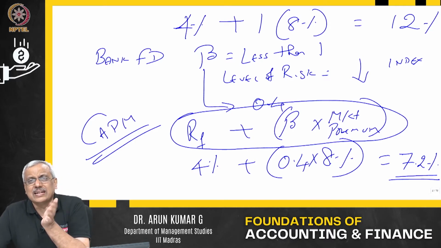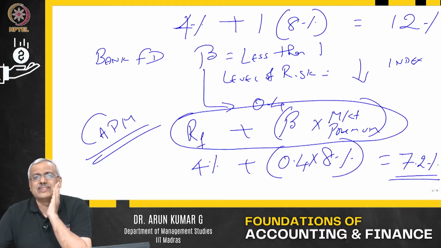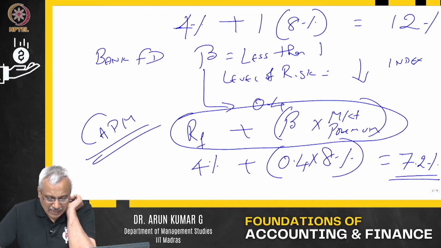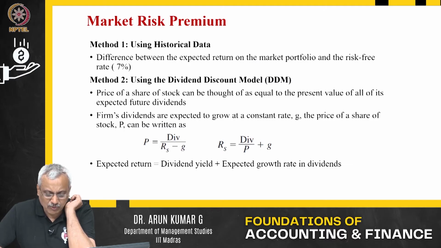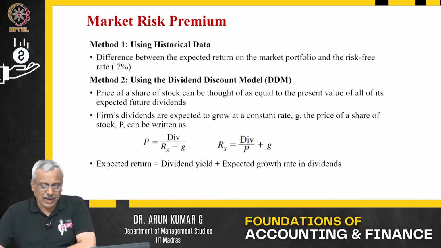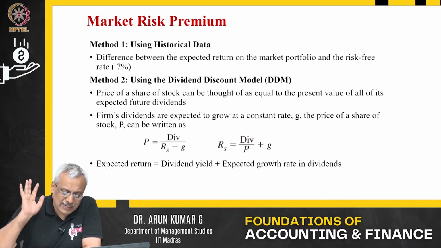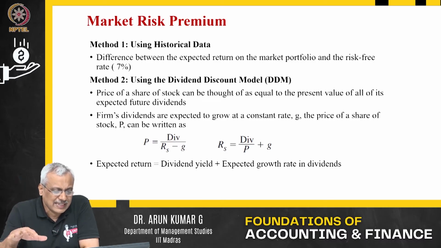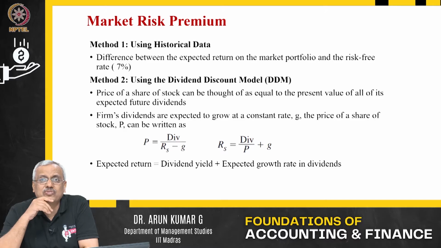You are investing only in a dividend stock, it is not even giving you much capital appreciation. Then what is the expected return? Expected return will be the dividend yield plus the expected growth rate in the dividend. This is what we call the dividend discount model, which we use for valuation of equity.